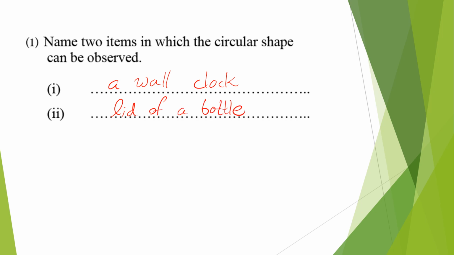In these two you can find circular shapes, and also you can find circular shapes in your coins and the cups. There are lots of things. If you look around, you will see some things. You can find those circular shapes. So you have to name 2 items. That's all.